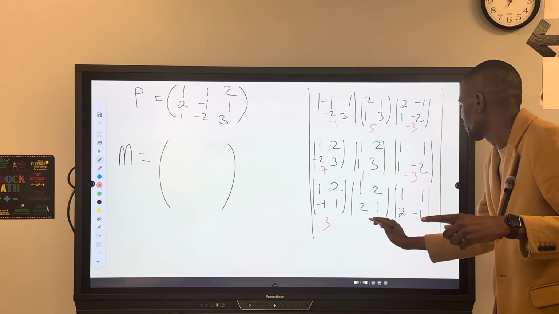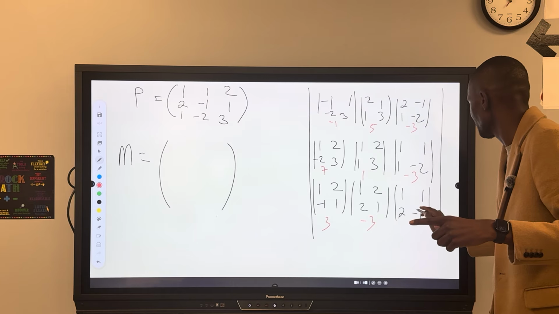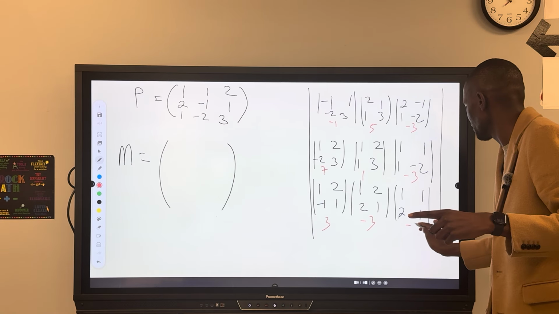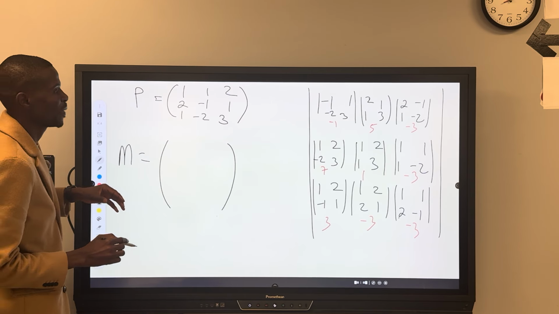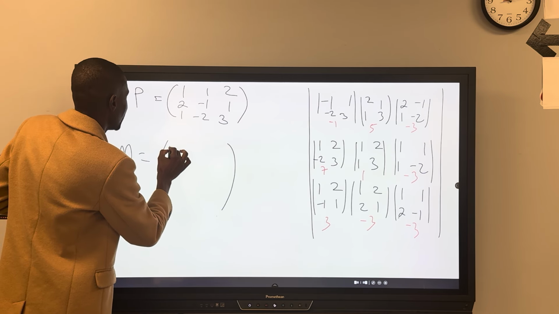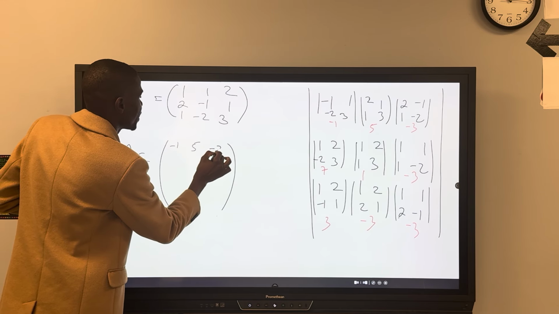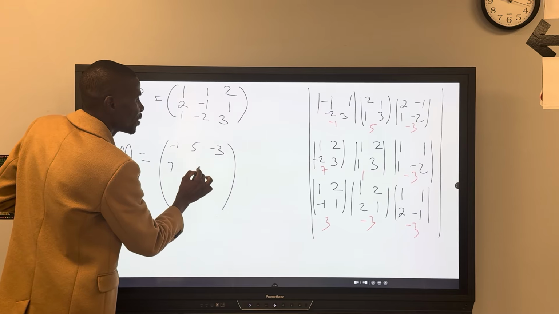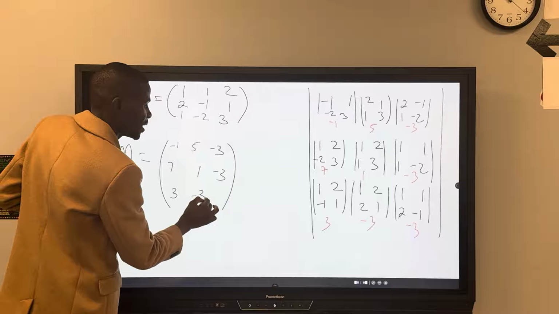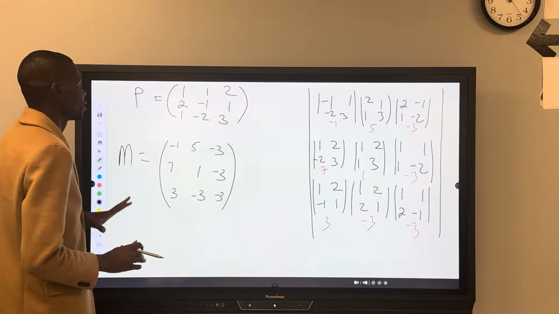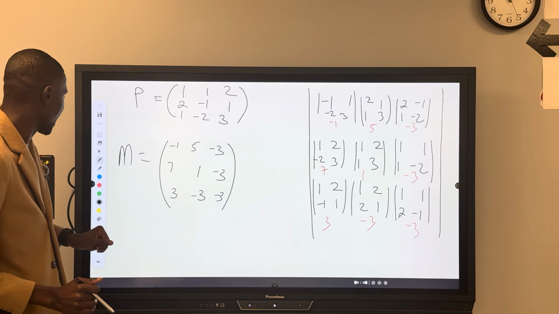Then 1 subtracting 4, that's negative 3. Negative 1 minus 2, that's negative 3. So our matrix of minors is going to be -1, 5, -3, 7, 1, -3, 3, -3, -3. Right. So we have our matrix of minors, guys.